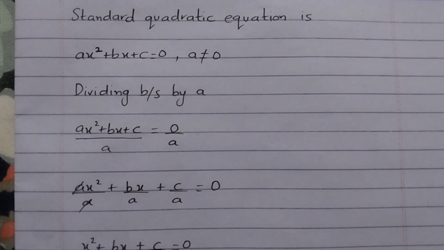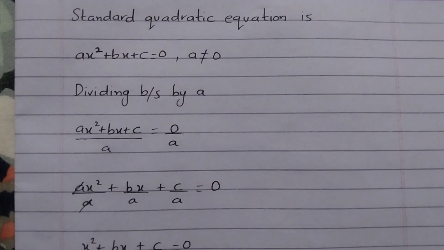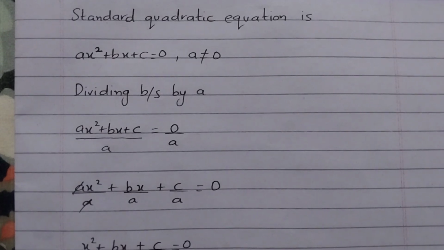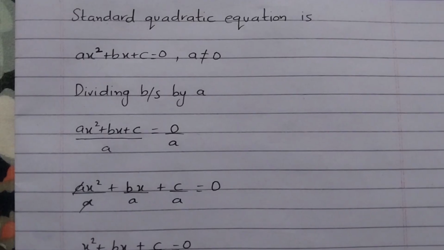So we don't want this a here. We want to get rid of this a because it is a hindrance in making this term a perfect square. So we'll divide both sides by a, because a cannot be written in the form of a square, and x² is a perfect square, so we want just x² here.